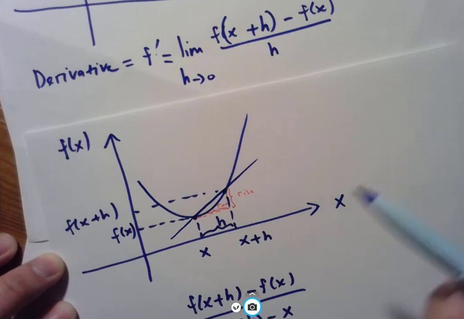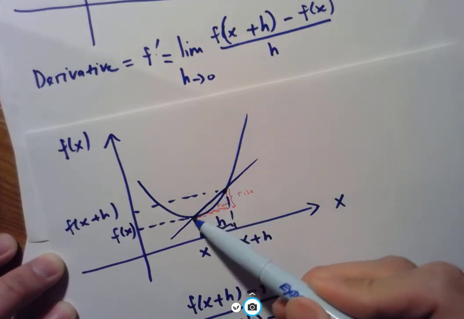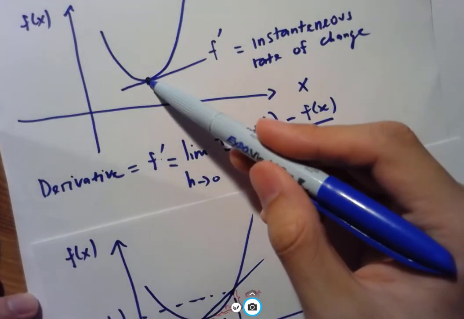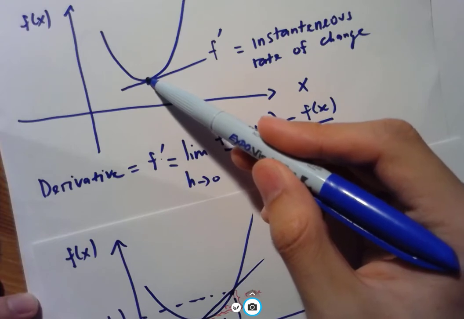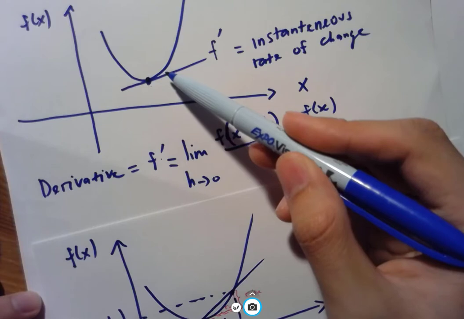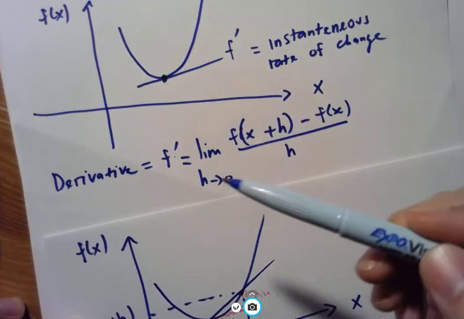Before, we used the slope formula to find the direct rate of change between 2 points, but now we only want to find the rate of change at one particular point. We cannot apply the slope formula unless we have 2 points in order to find the rise over run.